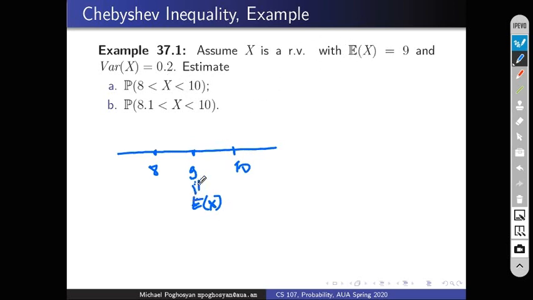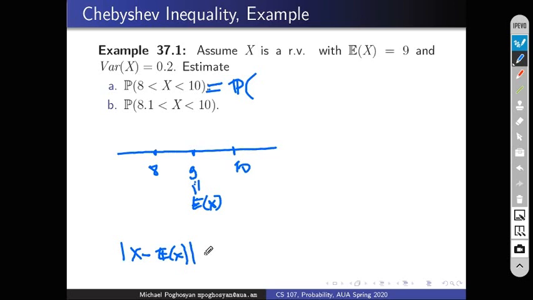I can write it in the form of the Chebyshev inequality. So I can write this in the following form. In the Chebyshev inequality, I have something like this: the probability that x minus the expected value of x, in absolute value, is either larger or smaller.